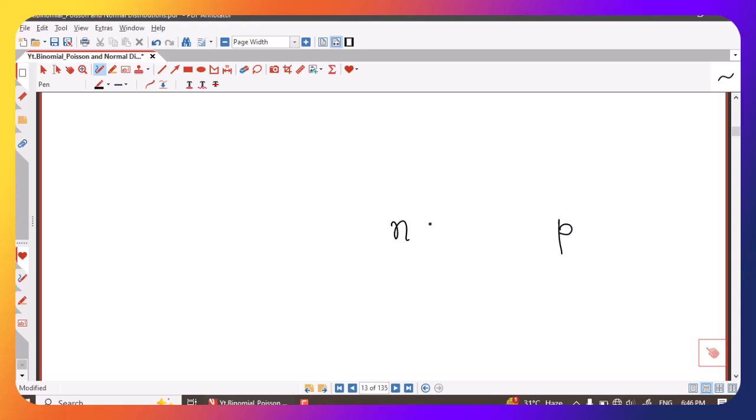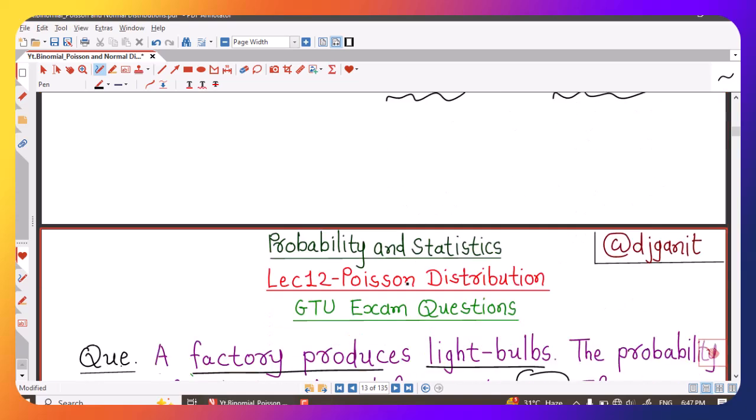And as we have discussed in earlier lectures, the rule of thumb to use Poisson approximation for binomial distribution is that number of trials are 20 or more and probability of success is 0.05. If these two are satisfied, then we can use Poisson distribution to approximate binomial distribution.